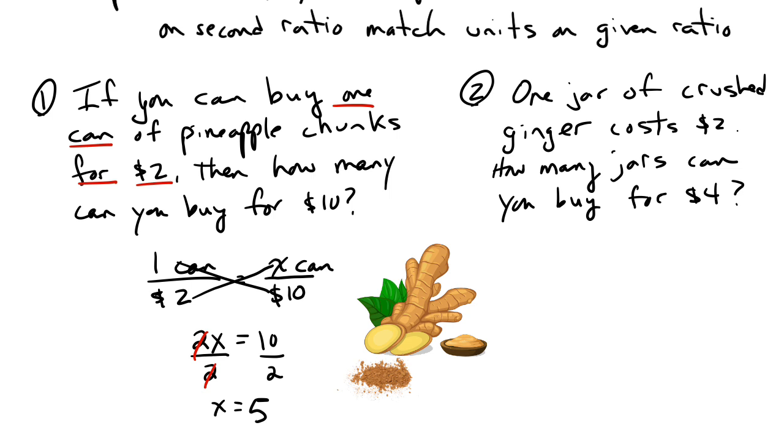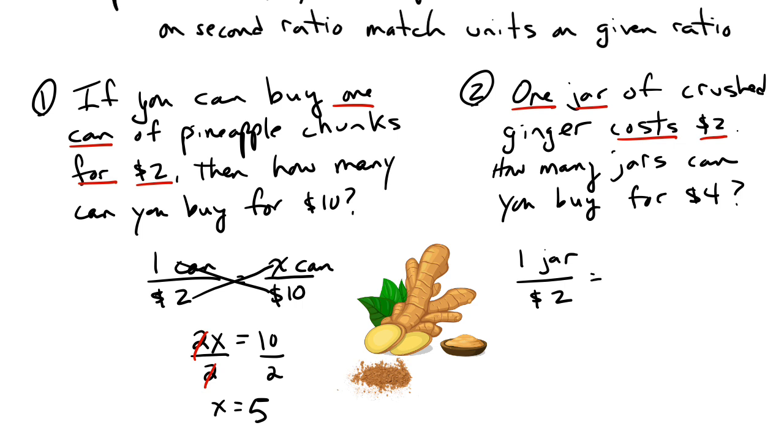So the first thing we do is we look for what is the given ratio. Well, it tells us we get 1 jar for $2. So I'm going to write 1 jar over $2. We want to know how many jars can you buy for $4.